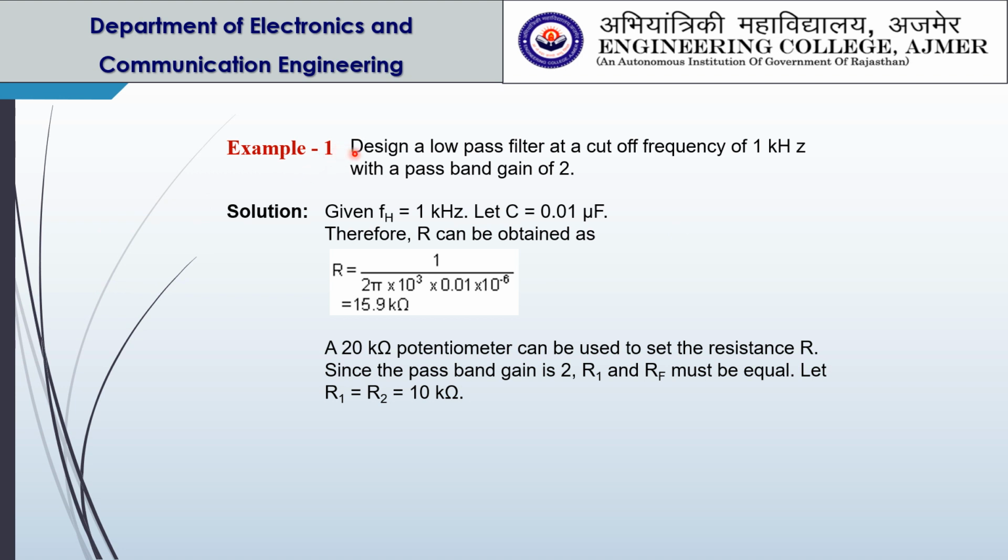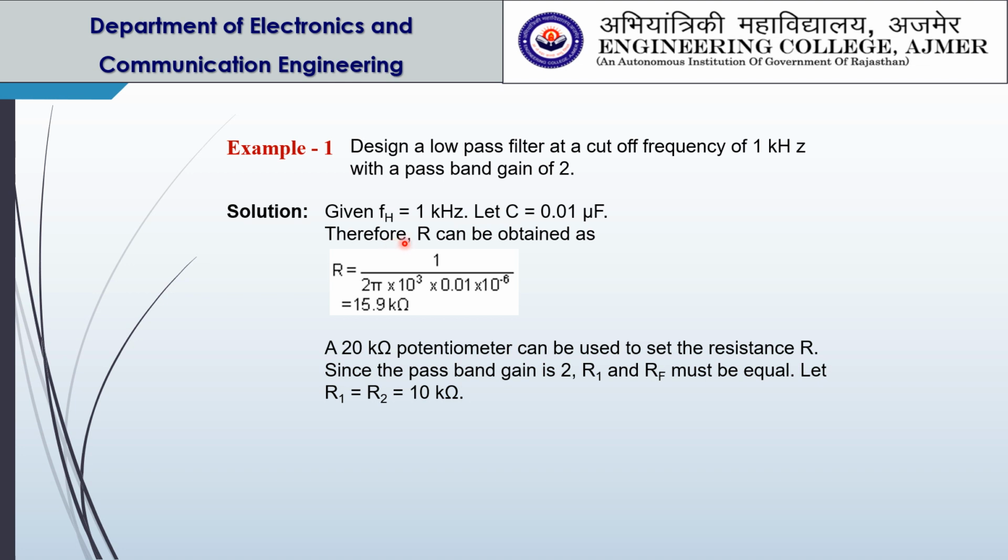The question is, design a low pass filter at a cutoff frequency of 1 kHz with a pass band gain of 2. You can approach like this. The given high cutoff frequency is 1 kHz. Suppose the capacitor used in this circuit is 0.01 microfarad or 10 nanofarad.